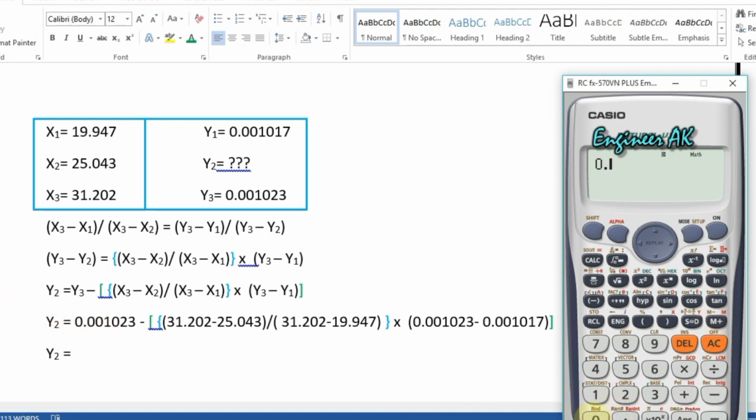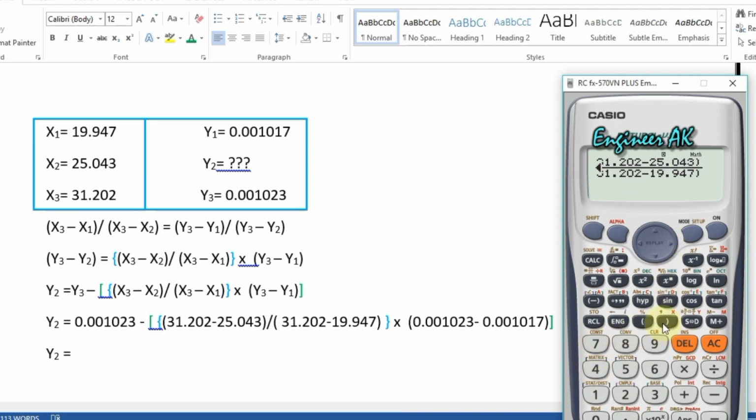So 0.00103 minus, then we have three brackets, 31.202 minus 25.043, bracket close, divided by 31.202 minus 19.947, right?